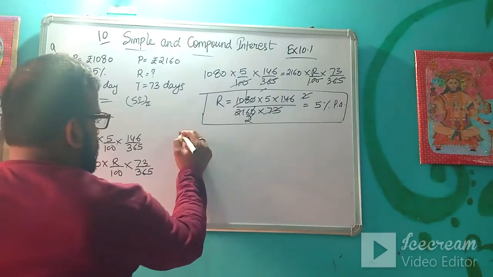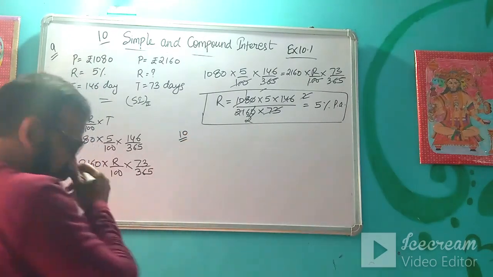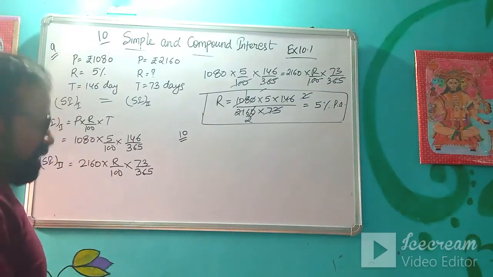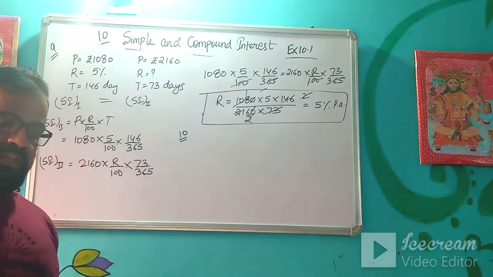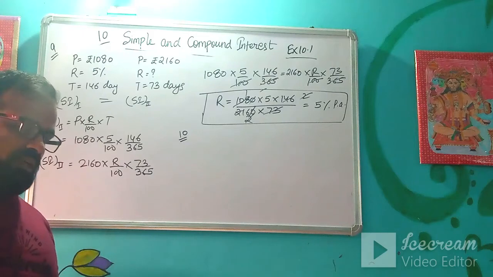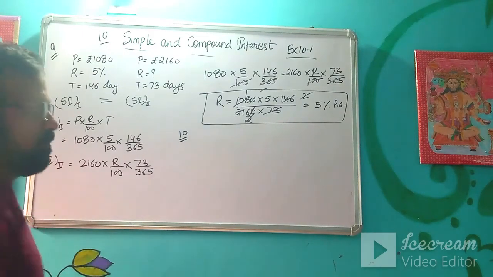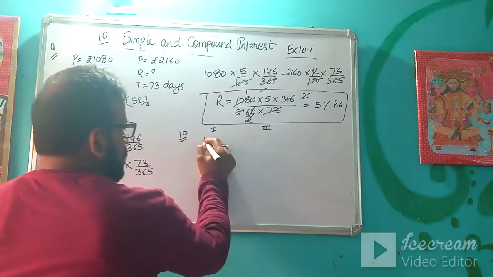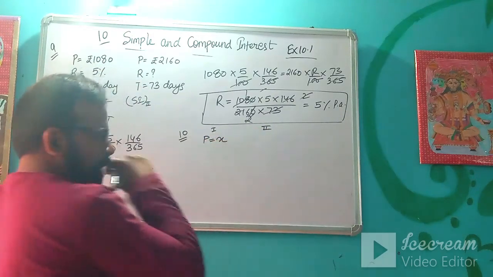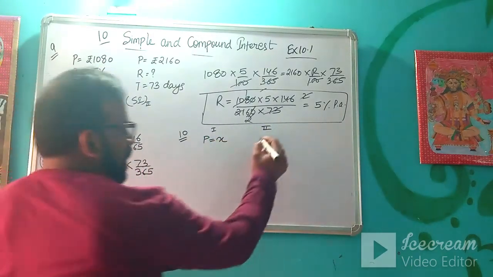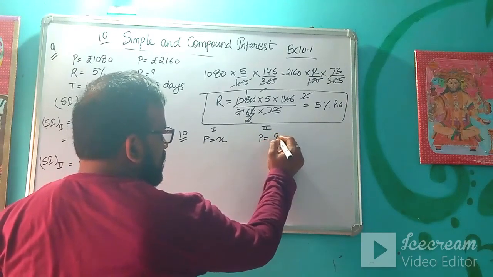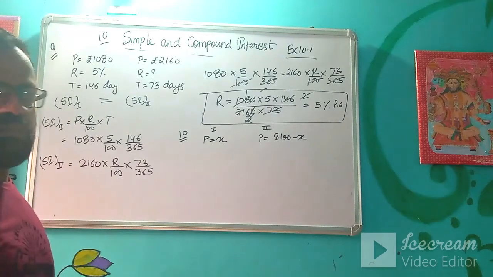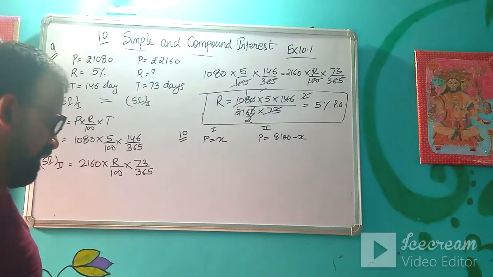Then in question number 10, Moin has 8100 rupees. He invests a part of it at 11% per annum and the remainder at 12% per annum. So there are two parts of the question again. So in this, let the principal be x. So for the other part, the principal becomes 8100 minus x, since the total money was 8100.